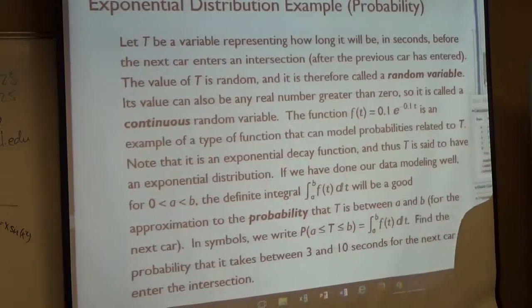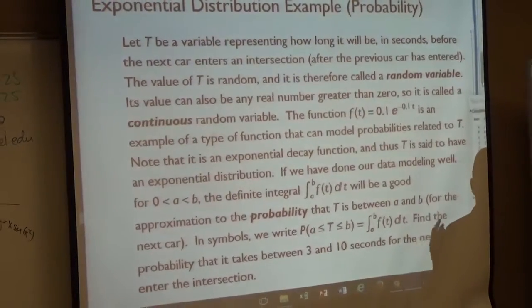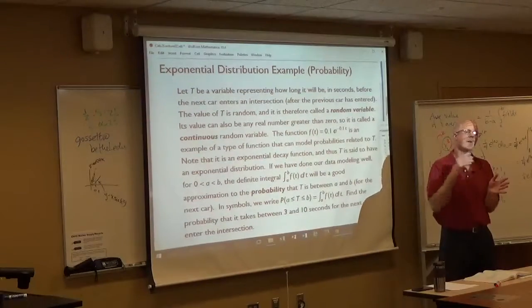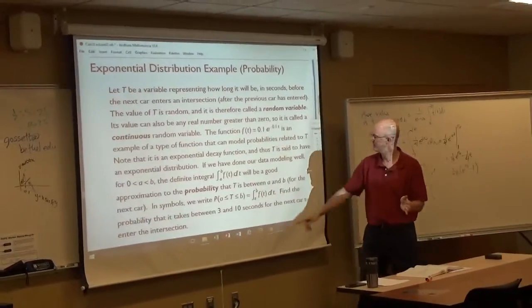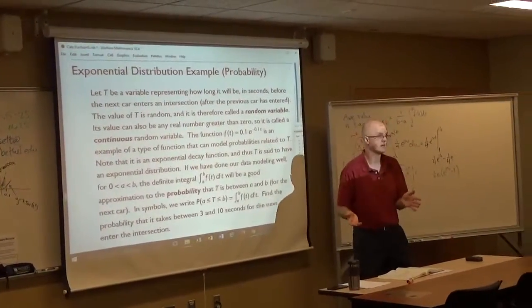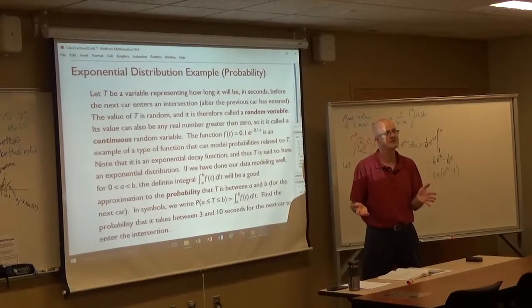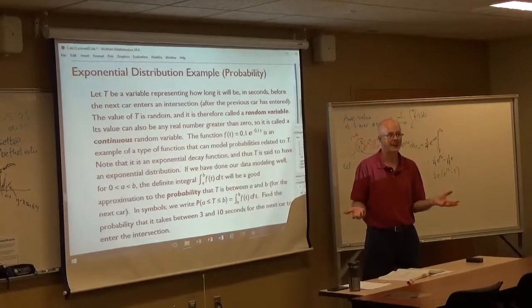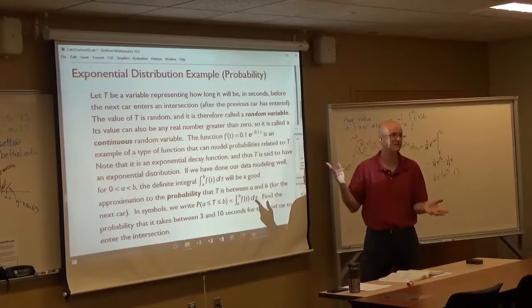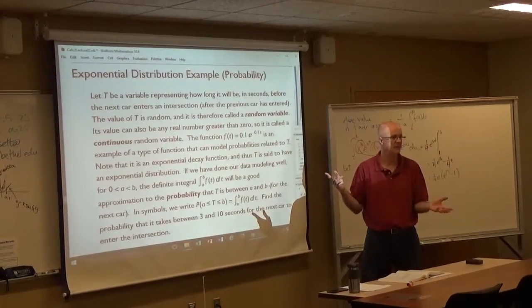So I'm standing at the intersection, a car is about to go through, and I'm wondering, what are the chances that after that car enters the intersection, it's going to take between 3 and 10 seconds for the next car to enter the intersection? Can that be modeled? Can that be measured? I think it can. And these kinds of functions are probably pretty good models for such a thing.